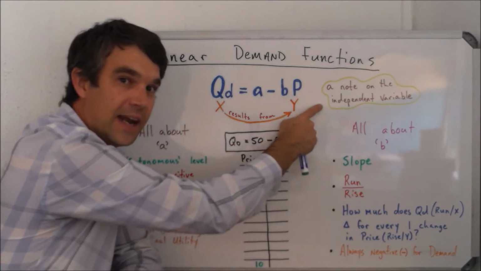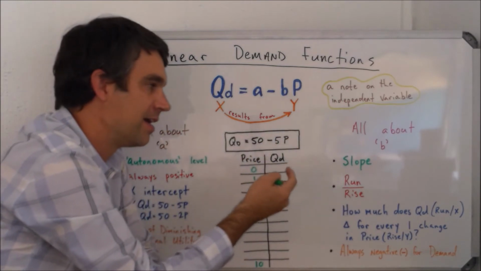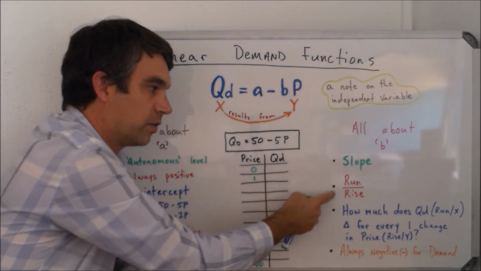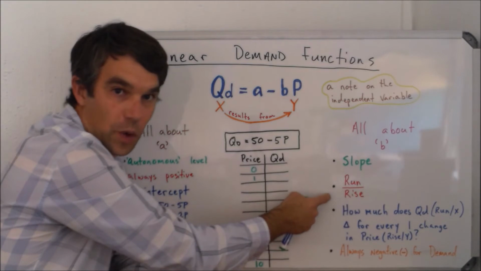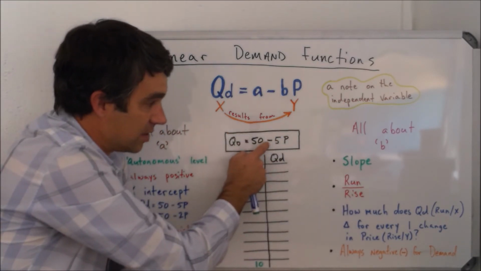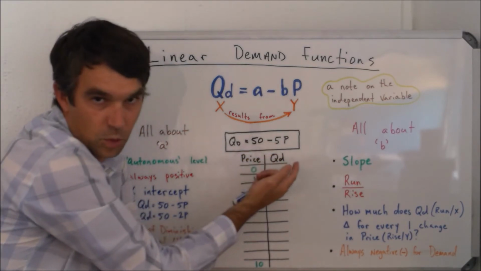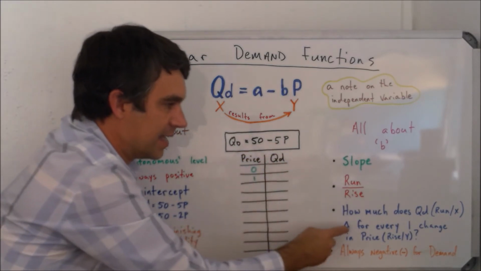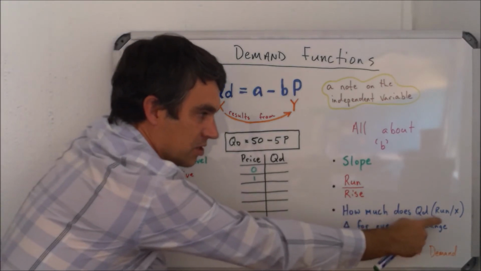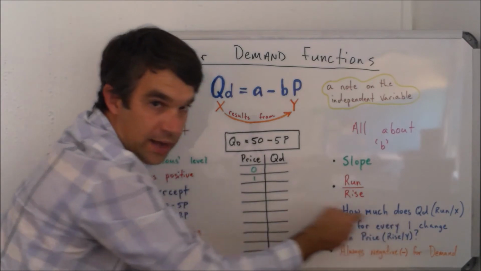Remember, in economics, we switch which axis the independent variable is on. Therefore, instead of it being rise over run, it's going to be run over rise. So, in this case, you can see this as -5 run over 1 rise. So what that's saying is, how much does QD, which is the run on the x-axis, change for every 1?